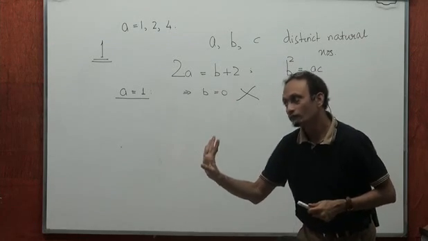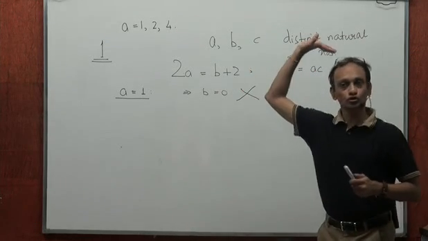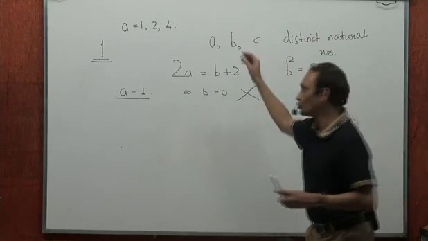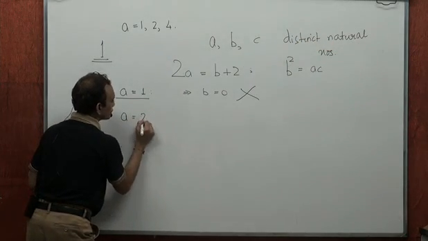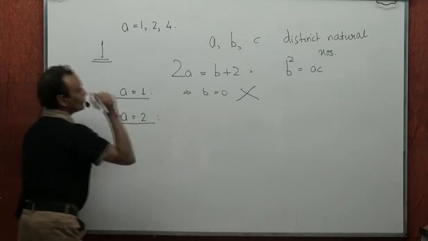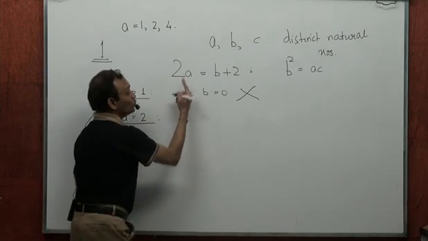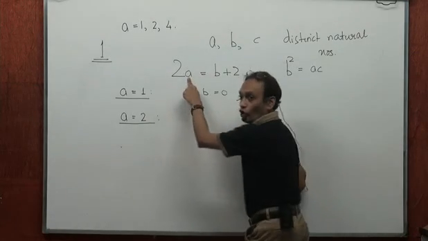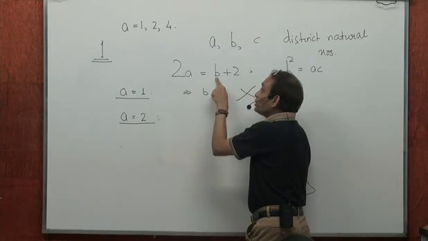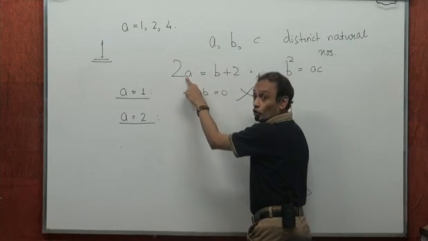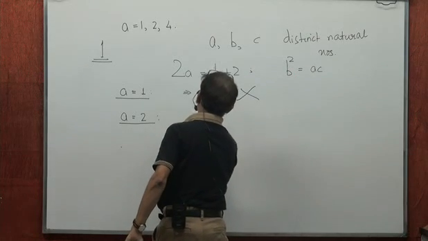Right? Let me examine A equal to 2. When I put A equal to 2, 4 equals B plus 2, that gives me B equal to 2.